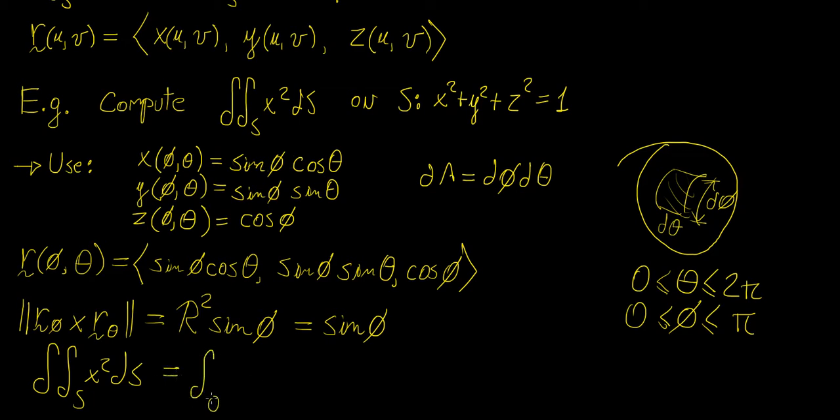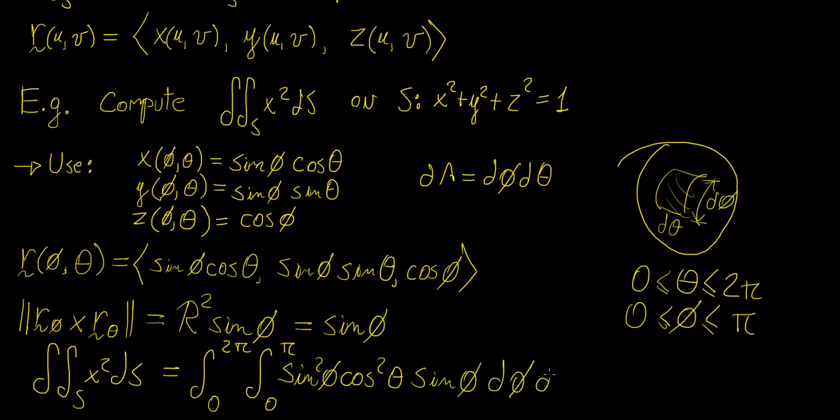This is going to be the integral from 0 to pi, and 0 to 2 pi. Now we're going to put this here inside of x squared. So this is going to be sine squared phi cosine squared theta. And now we're going to multiply it by this quantity, so that's going to be sine phi again. And then d phi d theta. So this is going to be the integral that we're going to evaluate.